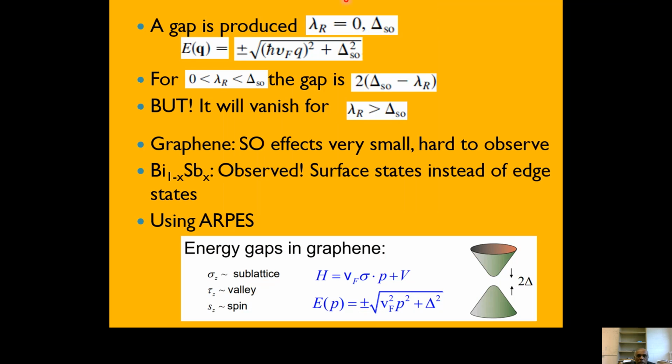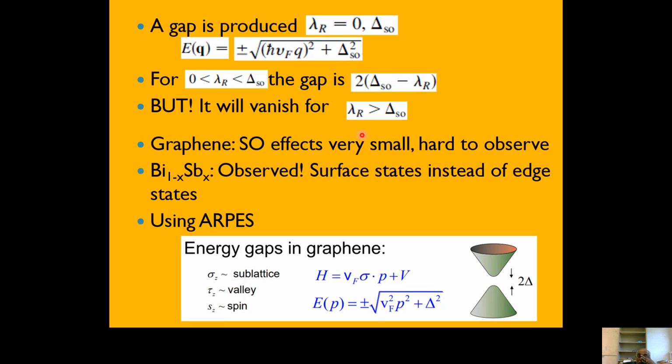So from this one they calculated what kind of gap is formed. This is the Hamiltonian, right? That's what we wrote as different terms, right? Sigma dot p, then E is given by this equation. Like we said, this S is coming from spin, tau coming from valley, and sigma coming from the pseudo spin, that is sublattices. So we can see there's a small gap. They calculated that gap given here. But this gap is pretty small, depending on this lambda R value.